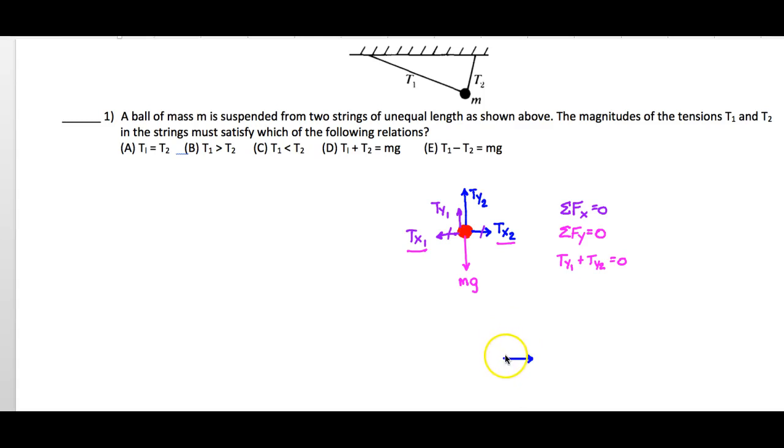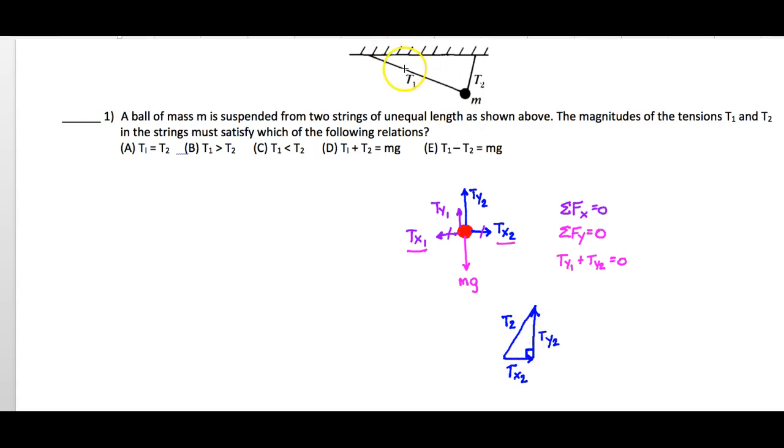The y component has to be larger because the actual sum of Tx2 and Ty2, which we'll call the actual vector T2, has to be the sum of those. So I have this right triangle, Tx2 plus Ty2 is equal to T2, and it has to be more vertical than T1.